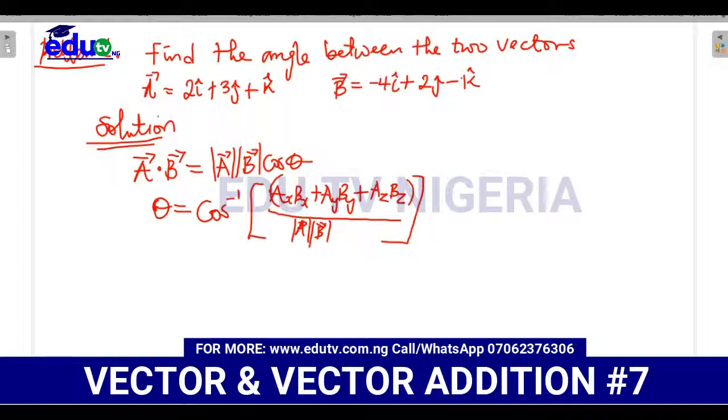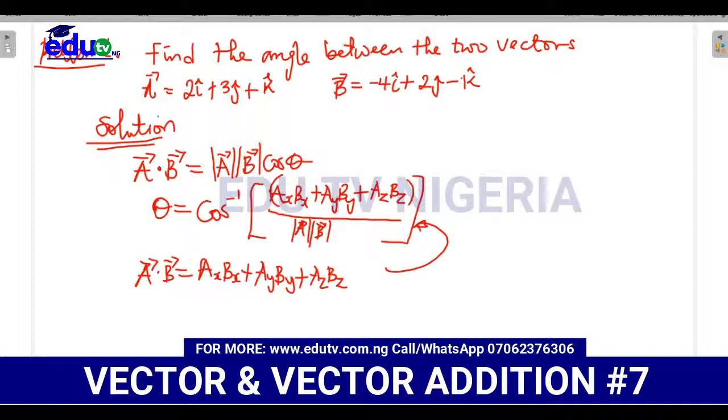But if you want to do this, we need to express vector A dot vector B as ax bx plus ay by plus az bz, so that we can input them into this formula.